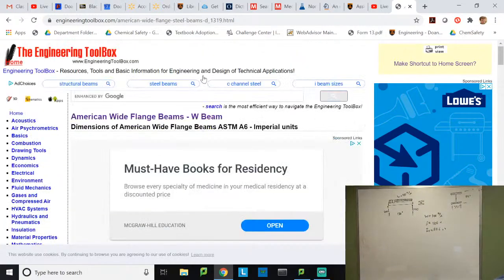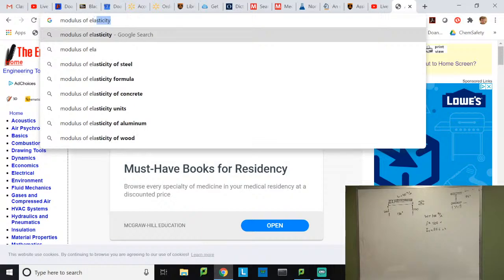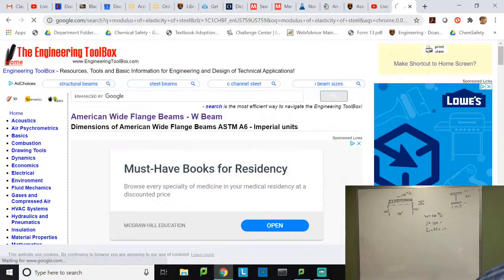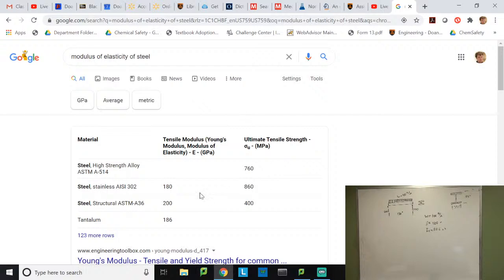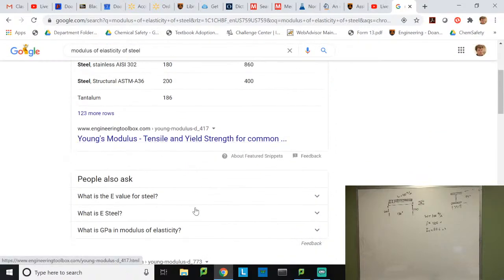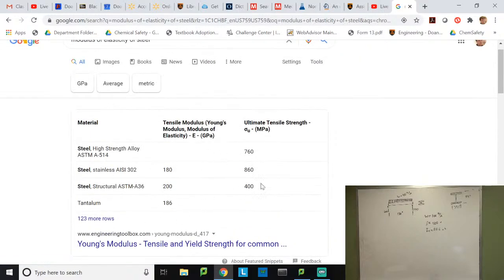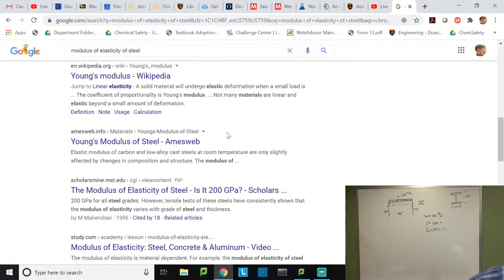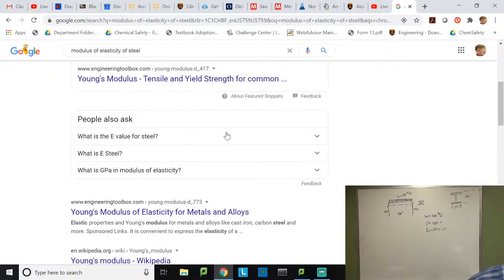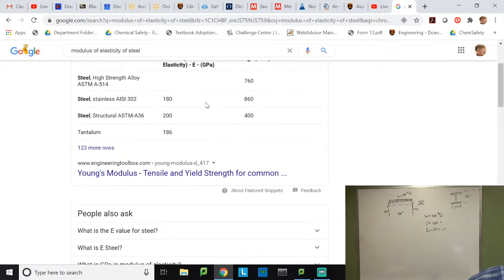Okay, we need an E value. Let's say we're going to make this out of steel. So what is the modulus of elasticity of steel? Usually, if you're dealing with structural steel, it's about 200. Some people will always say it's 200 gigapascals. We can easily do that conversion. Let's say it's 200.